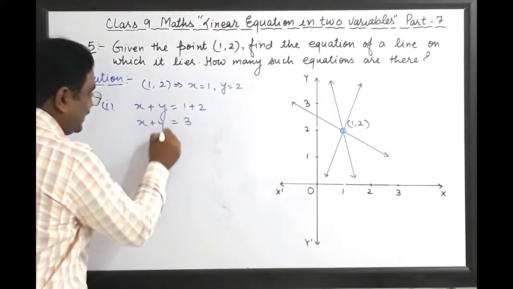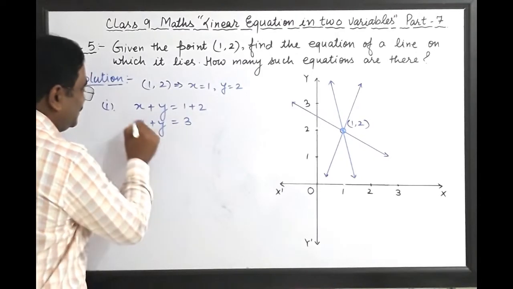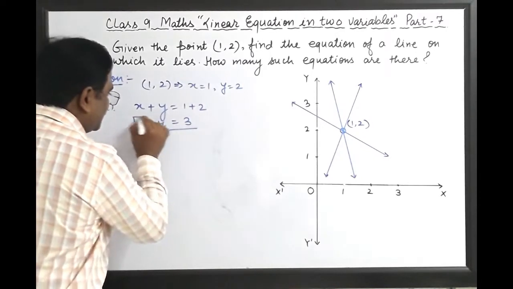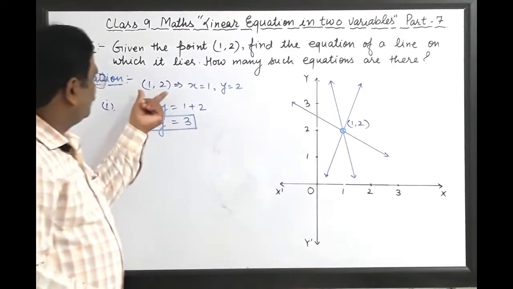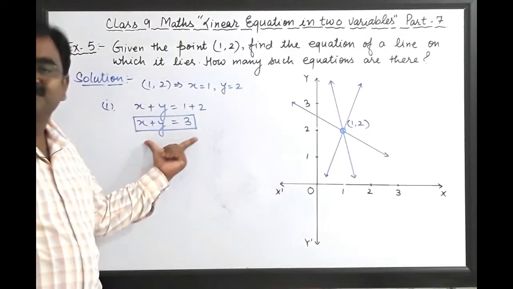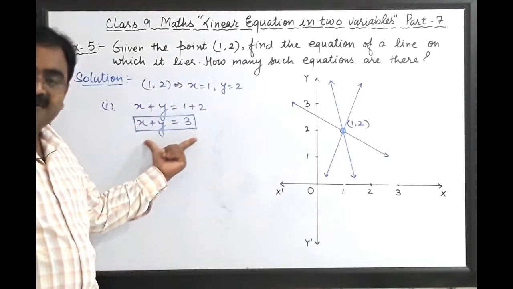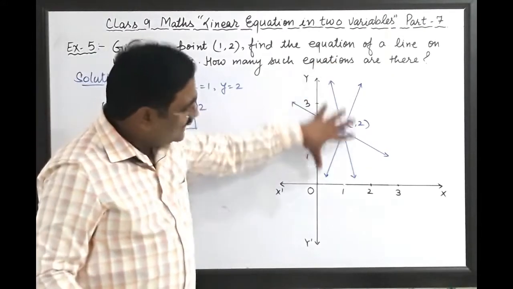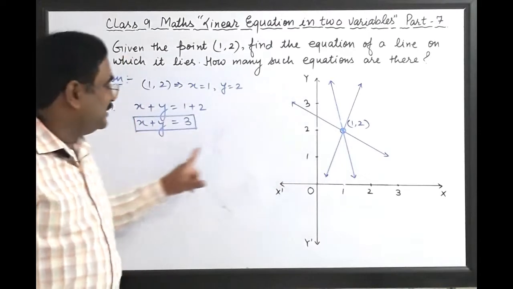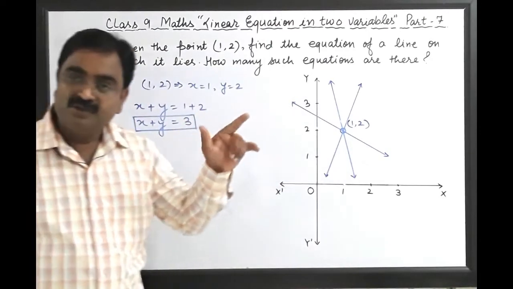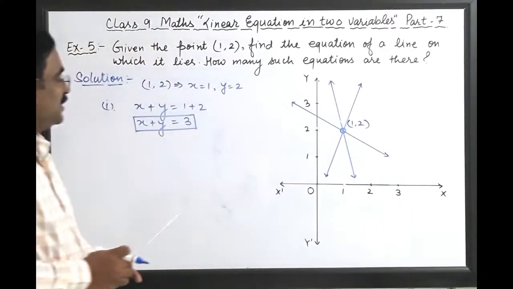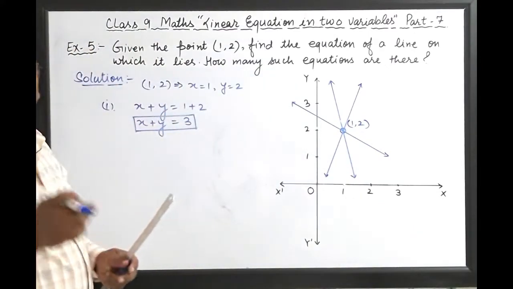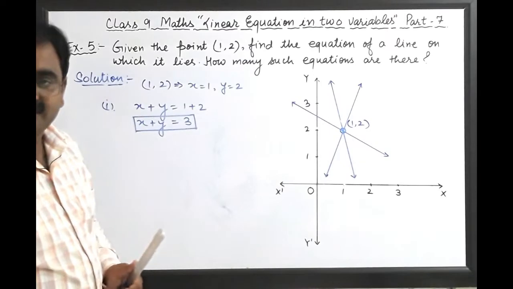So you got x plus y is equal to 3, which is your first equation, and this point (1, 2) is the solution of this equation, right? It means among all these lines, the equation of one line will be x plus y is equal to 3, right?